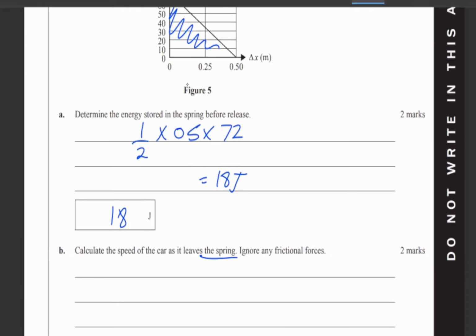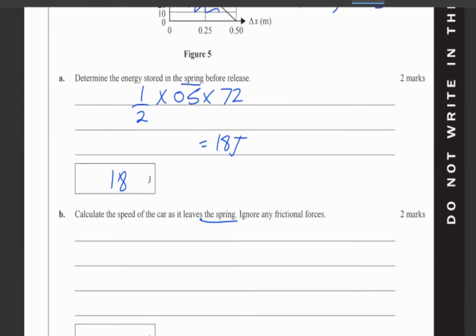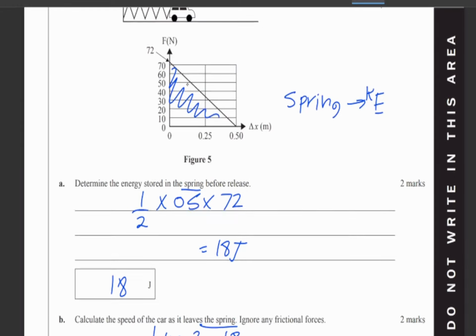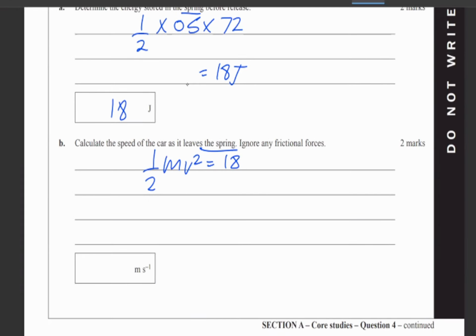So we know the spring energy is going to be converted to kinetic. So we can equate these two. So half, we already found the value here, and we know the mass is 4. So therefore, I can just sub this in 4. So therefore, V should equal 3 meters per second.